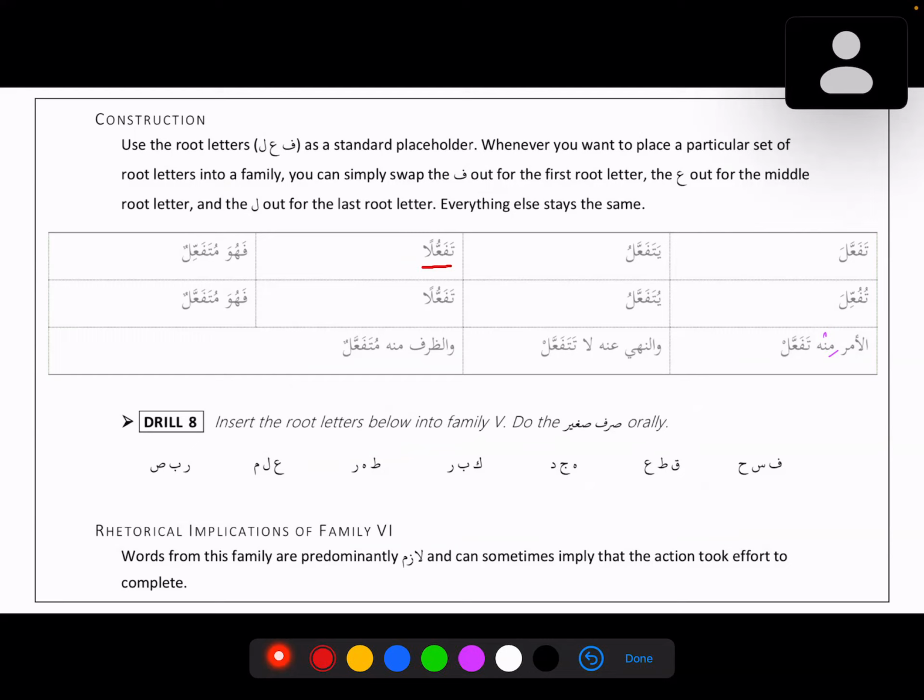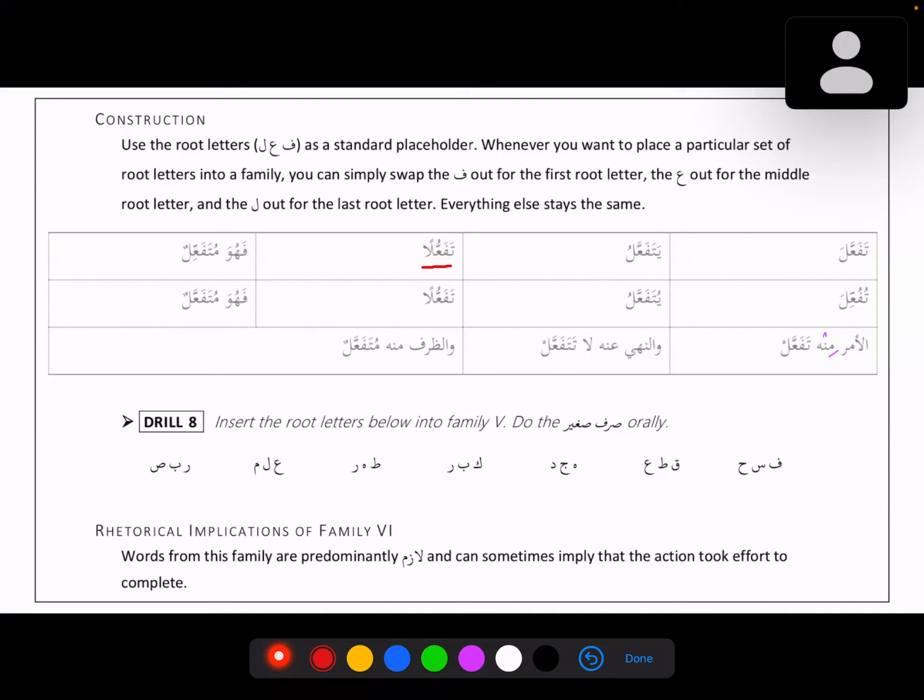Okay, my tongue is gonna go crazy today. Al-amru minhu tafa'al wa nahi anhu la tatafa'al. If someone needs to practice ayn, then please do this conjugation. And then zarfu minhu mutafa'alun, right?